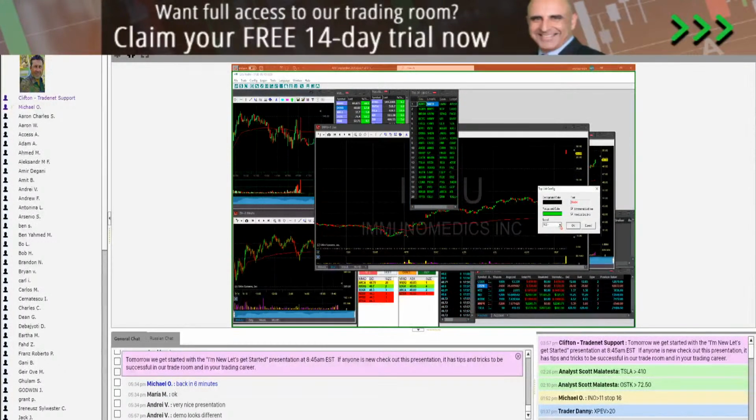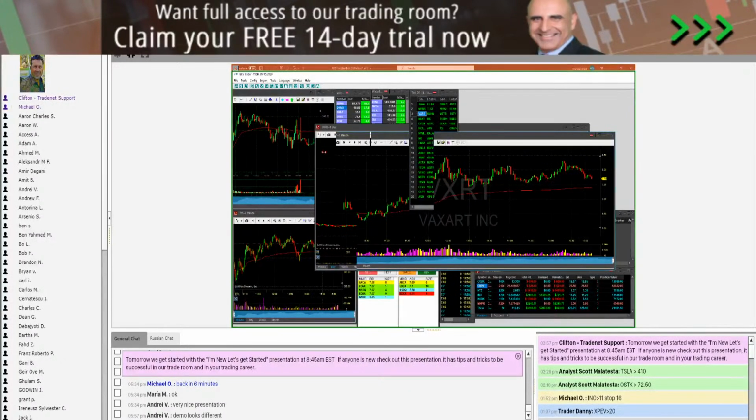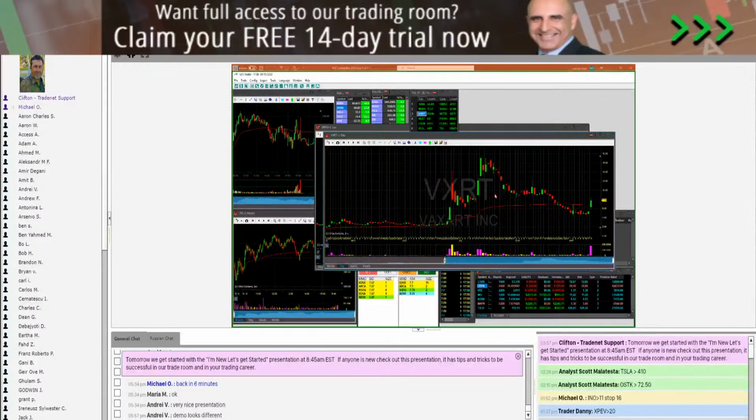Let's, for a split second, look at the stocks under $10. VXRT, for example. This is the pattern of VXRT today, and this is how it looks on the daily chart.